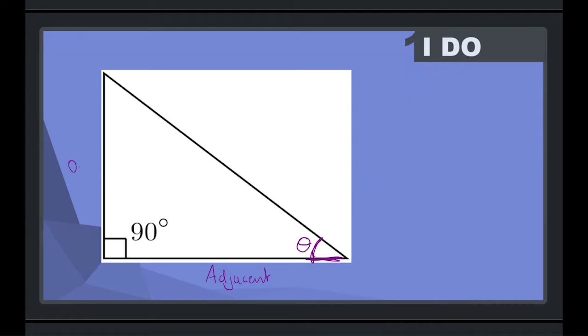We call this one over here the opposite side because it is opposite the triangle to where theta is. And this one is always the same. It's called the hypotenuse. This one isn't labeled in relation to theta. It's just the hypotenuse of the right angle triangle. It's across from the right angle.